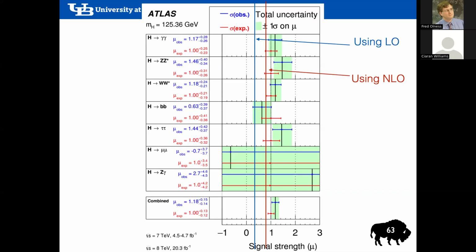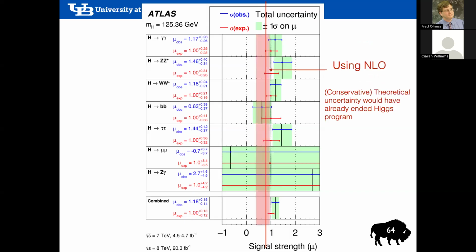And the downside of still just using next to leading order would be a huge theoretical uncertainty. This red smudge here would be a conservative way of estimating the theoretical uncertainty from higher order corrections to the Higgs cross-section at next to leading order.